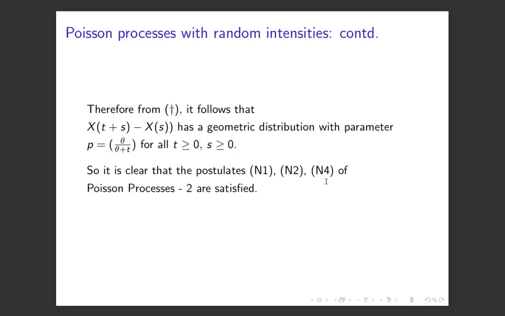So this means this distribution is independent of s. It depends only on t, or rather only on the difference between these two time points. And that precisely is the stationary increment property.